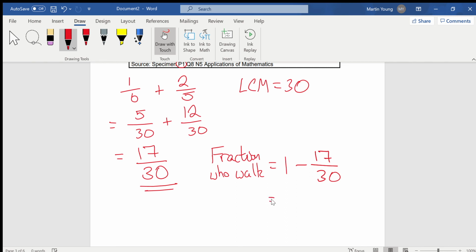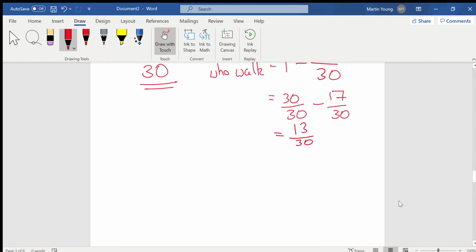But I can also turn 1 into in terms of over 30 and then do the subtraction. So that's going to be 13 over 30. Okay, and that's our final answer. Those ones are always quite similar. Add the fractions you're given and subtract from 1. Just make sure you're reading the question in case it throws any different kind of bits in.